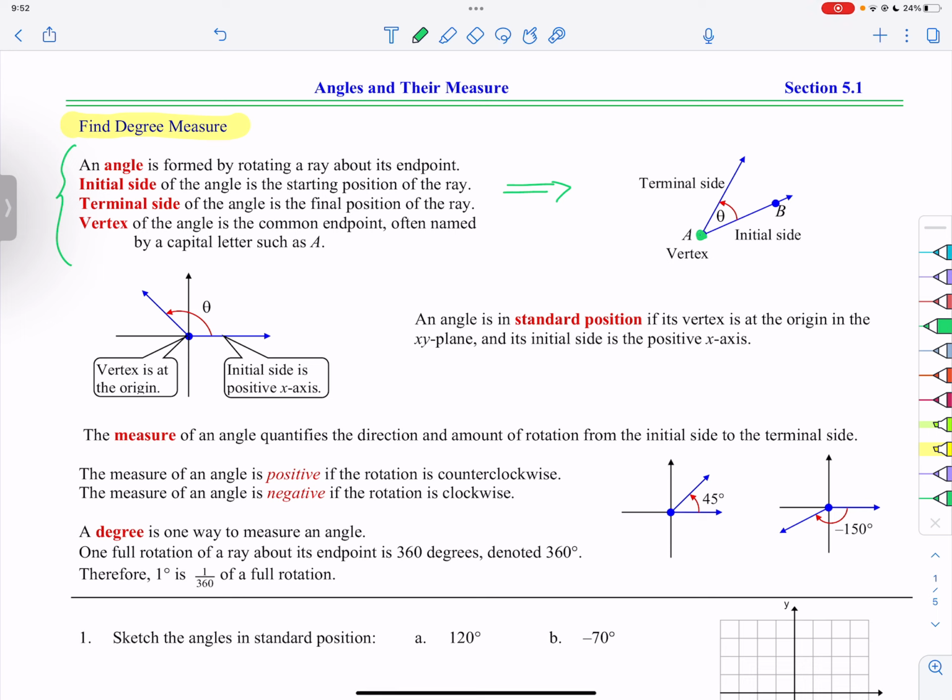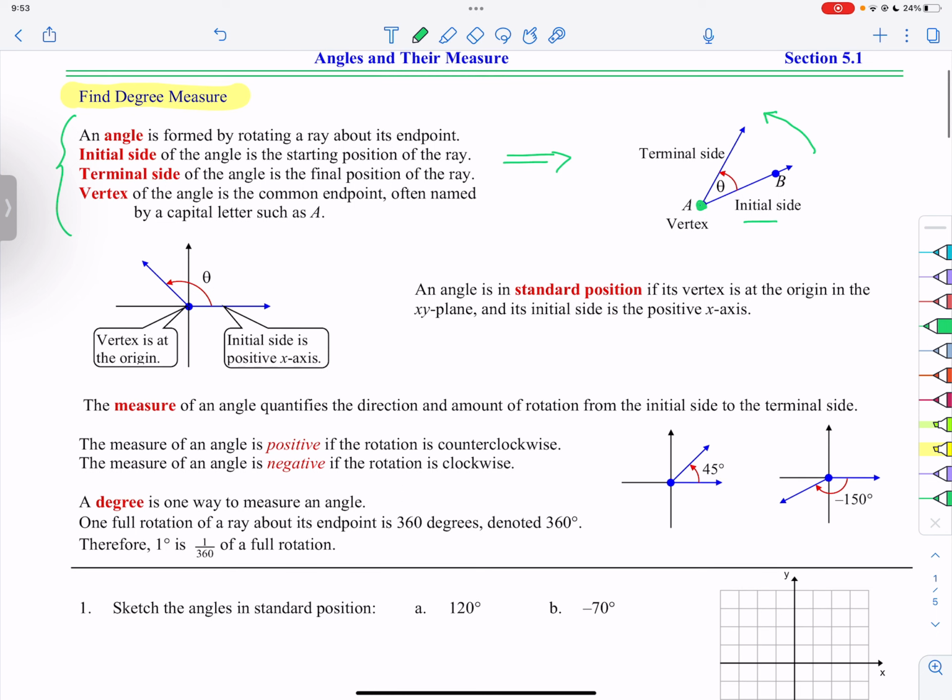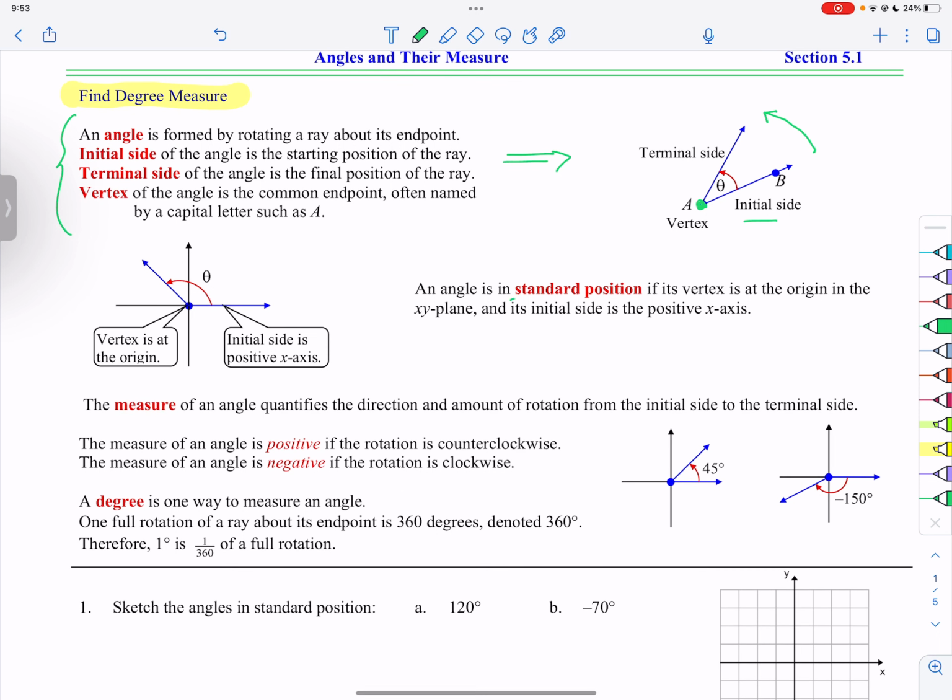And then we have the initial side, which is the starting position. And we rotate from that initial side to the terminal side. Now, an angle is in standard position if its vertex is at the origin in the XY plane.